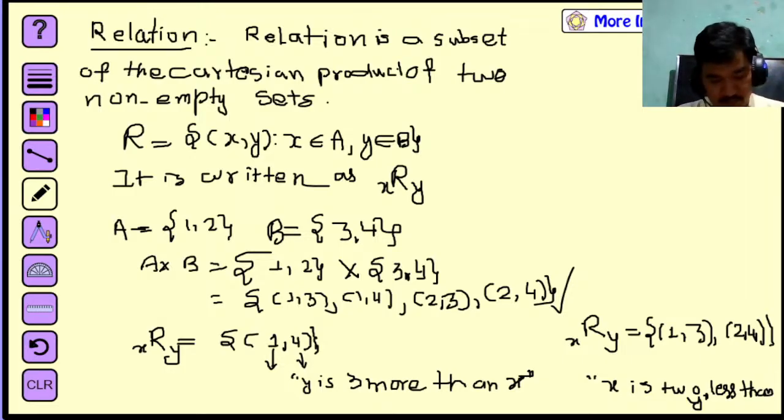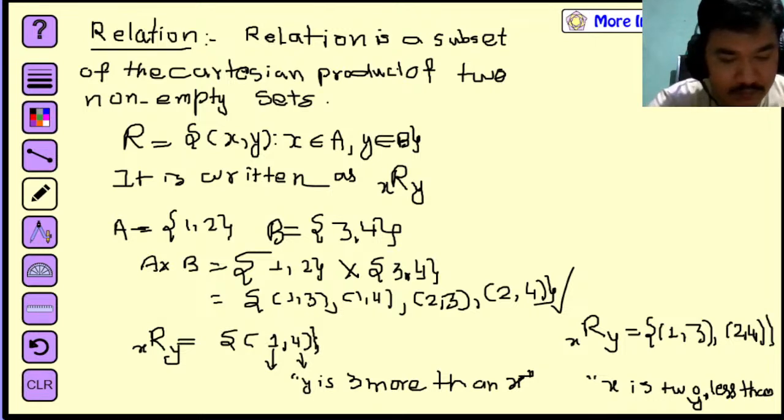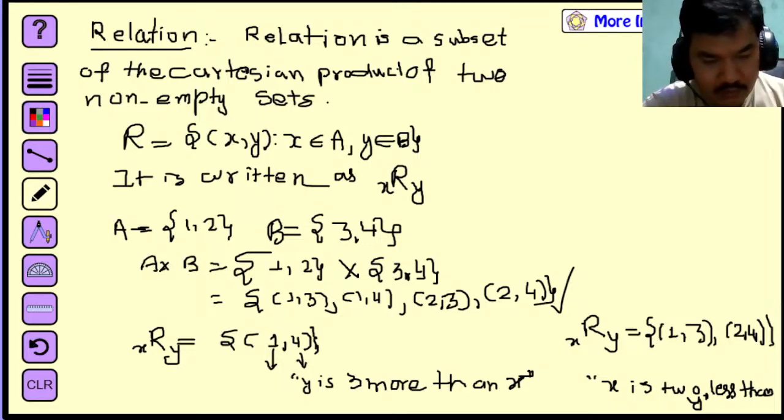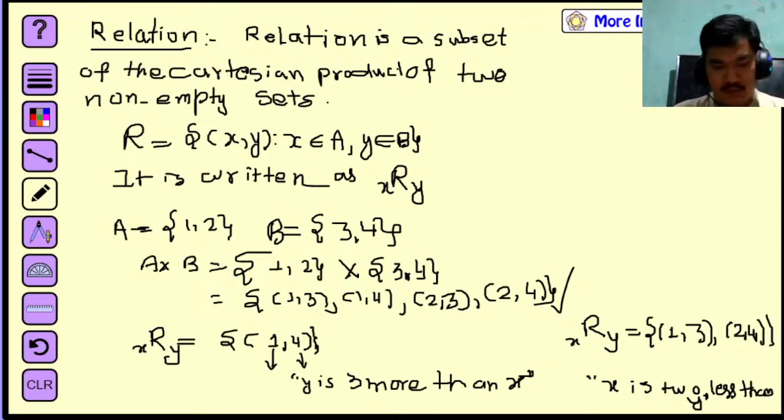Okay, now I'm looking here. It's two less than y. Okay, that is okay. Now it's correct. Now setting is correct there.